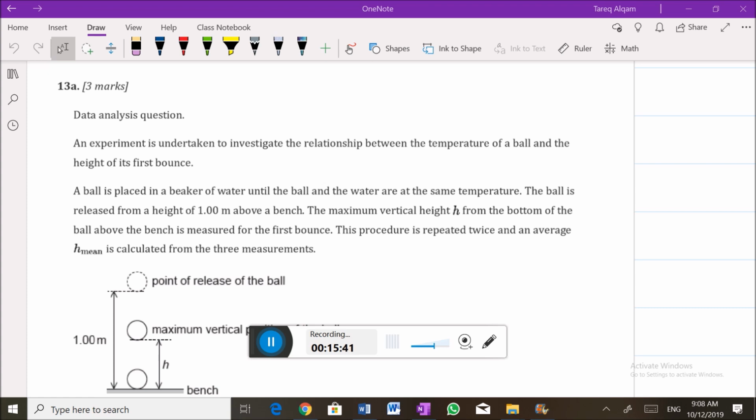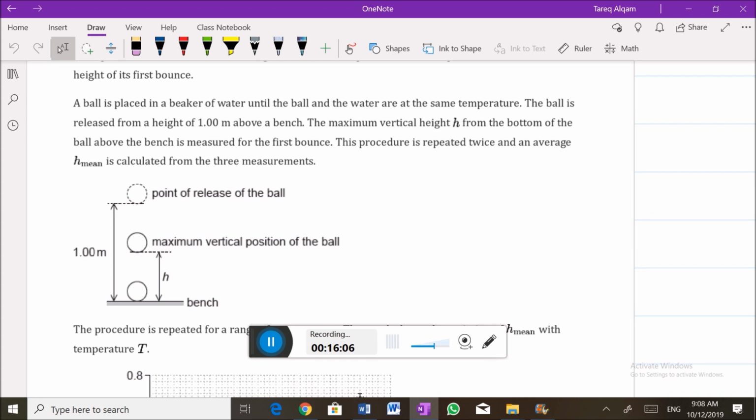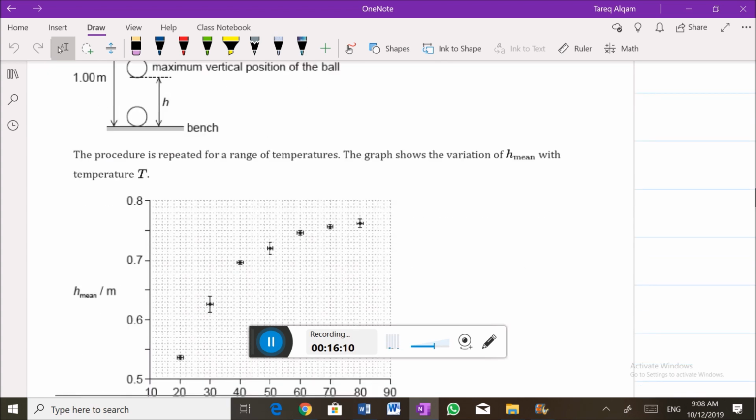Okay. Another question. A student undertakes an experiment to investigate the relationship between the temperature of the ball and the height of the first bounce. A ball is placed in the beaker. Water and the ball are at the same temperature. The ball is released from a height of 1 meter above the bench. The maximum vertical height of the bottom of the ball above the bench is measured for the first bounce. This procedure is repeated twice and an average H is calculated from 3 measurements.